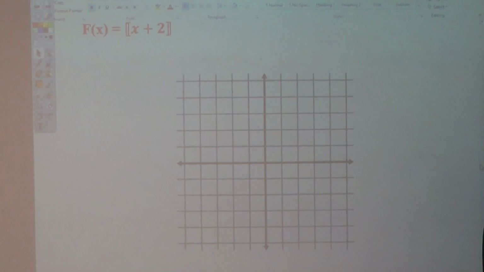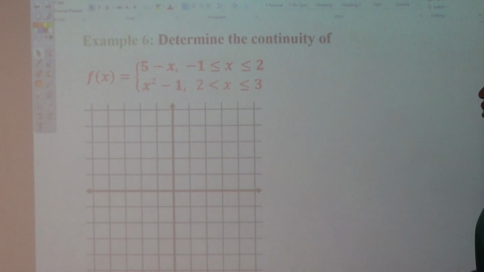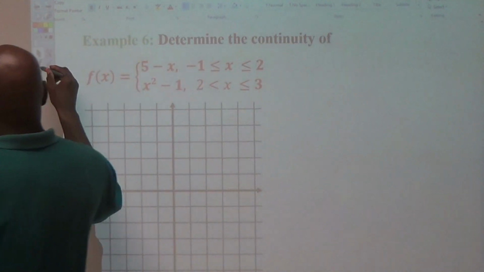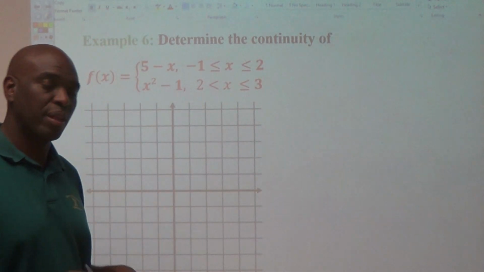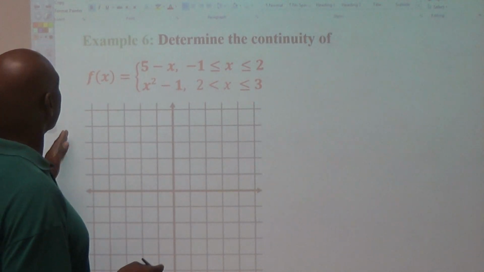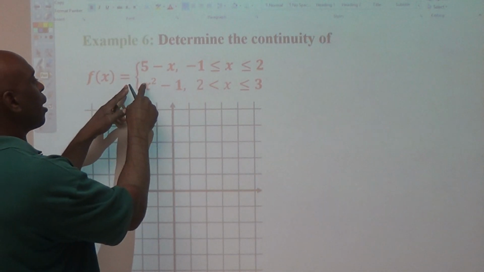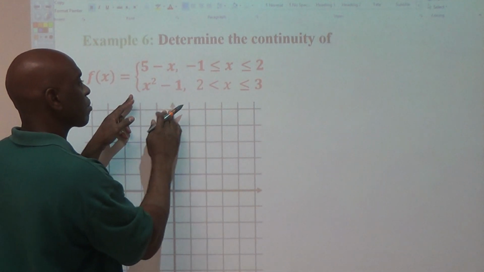All right. Last example. Determine the continuity of this function right here. Question, is f of x continuous? Yes or no? Well, first of all, I notice I have a piecewise function here. I have a left piece and a right piece.